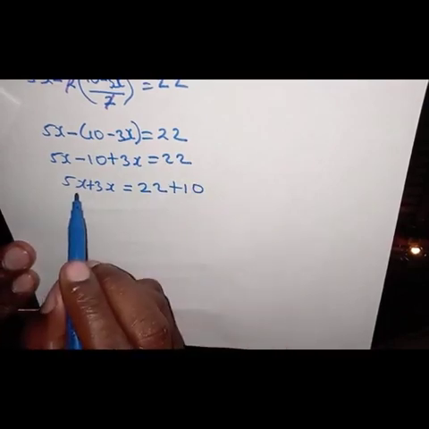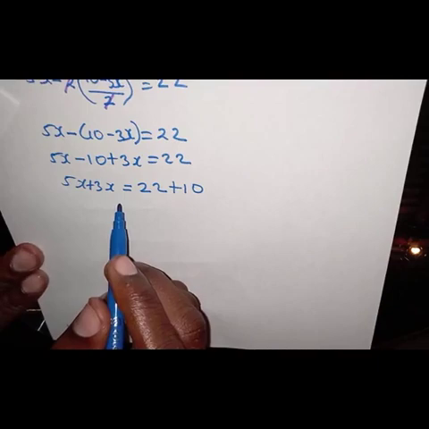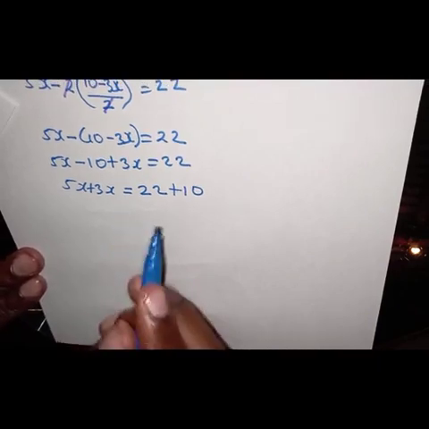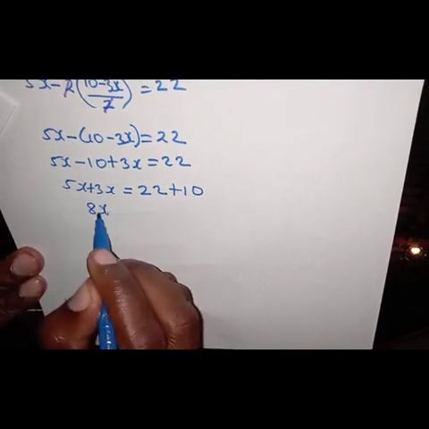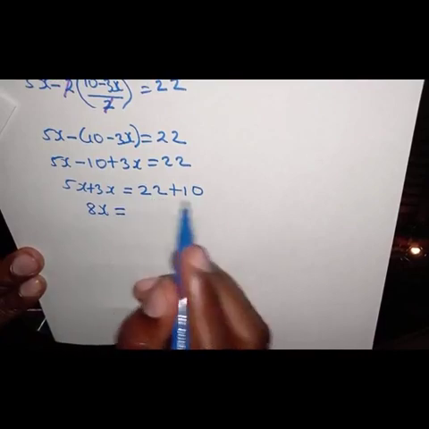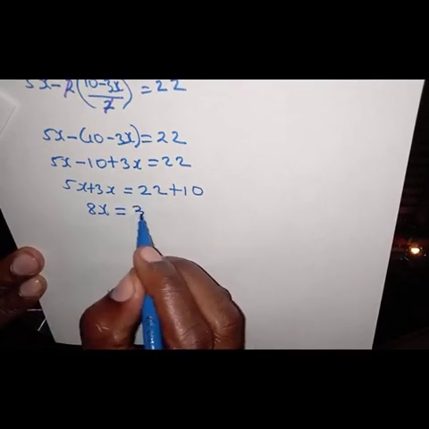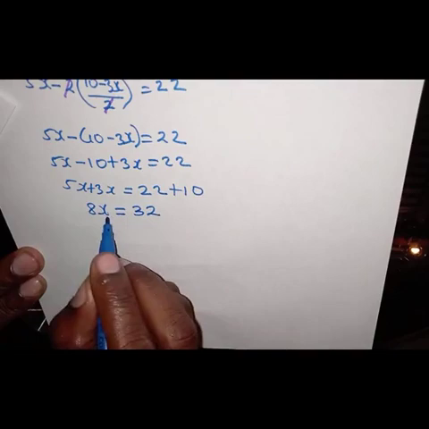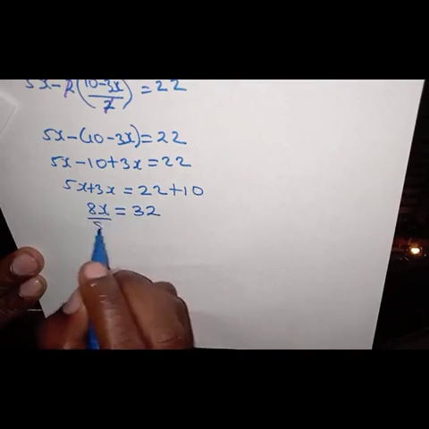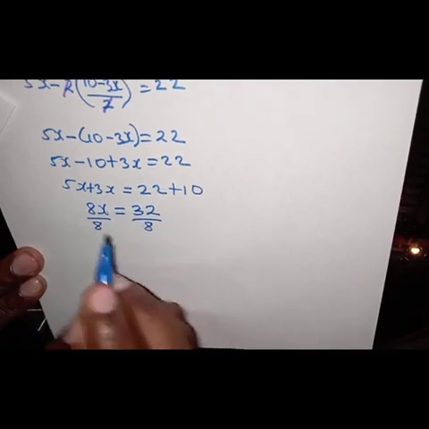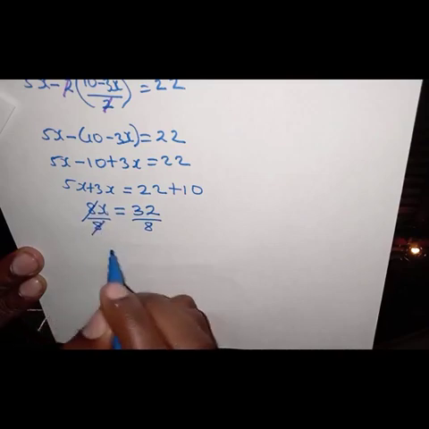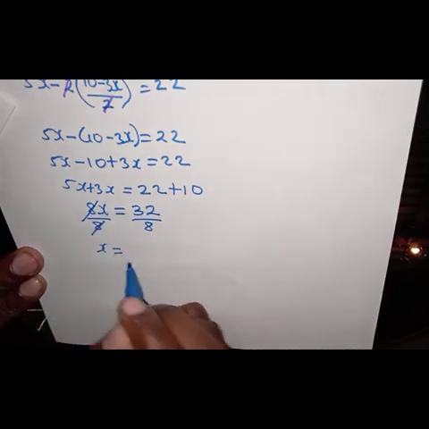So what's 5x plus 3x? You get 8x is equal to 22 plus 10, you get 32. Remain with x as your target, over 8 over 8. Cancel, cancel. X remains 8 into 32.